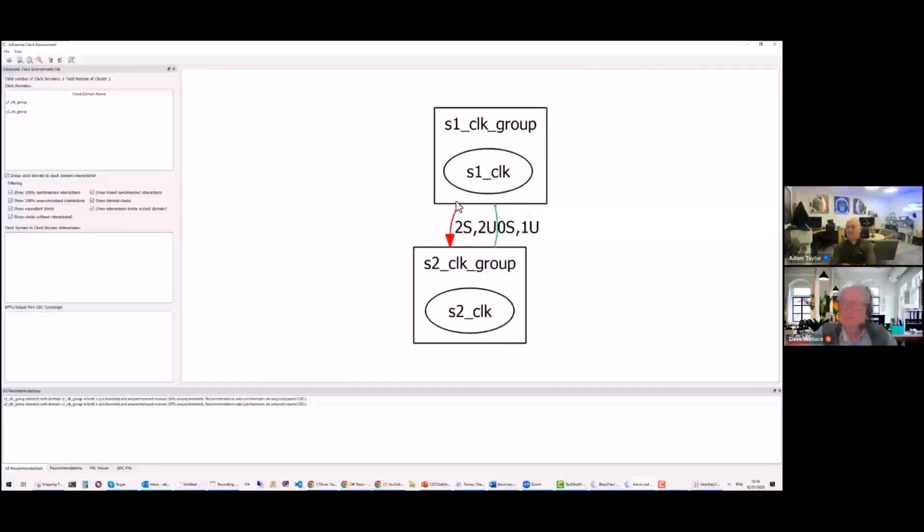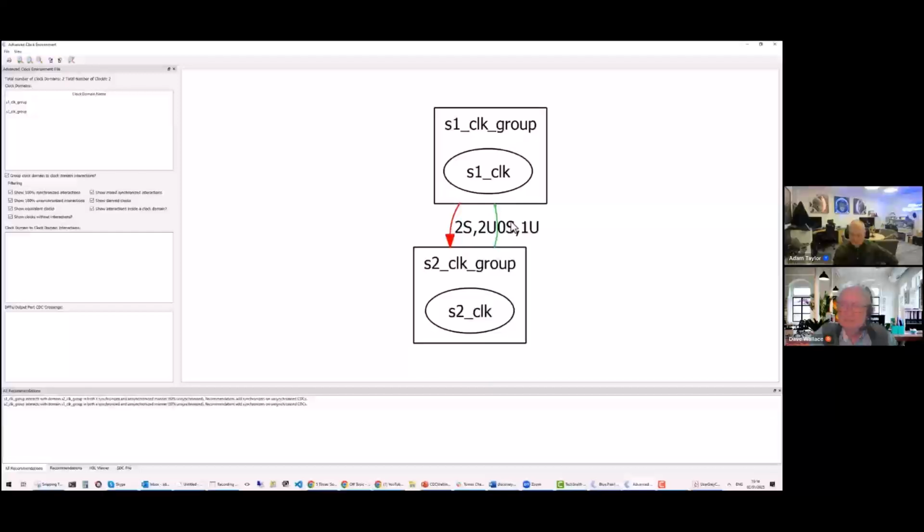Anything that is an oval is a clock within that clock domain. So we can see we have two clock domains, and we could see this from the RTL that we looked at earlier on. We've got clock 1, clock 2, and it's done a quick and simple look at the clock domain crossing between the two of them. So from group 1 to group 2, there's 2 synchronized, 2 unsynchronized. From group 2 to group 1, there's 0 synchronized and 1 unsynchronized.